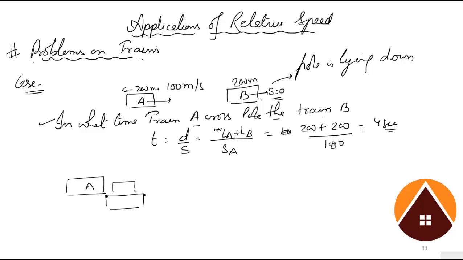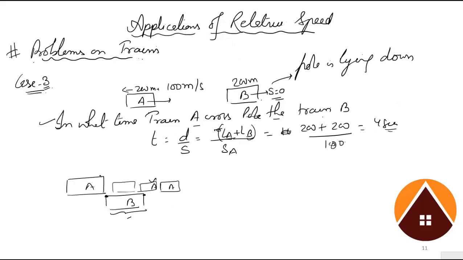So by the time it comes here, it has to cover train B's length plus its own length. Therefore, I have added the length of the train A as well as the length of the train B. So this can be written as scenario number 3 or case 3. So my answer here will be 4 seconds, right?